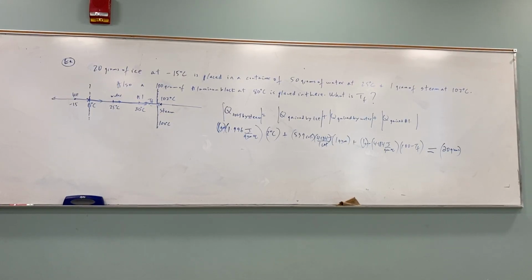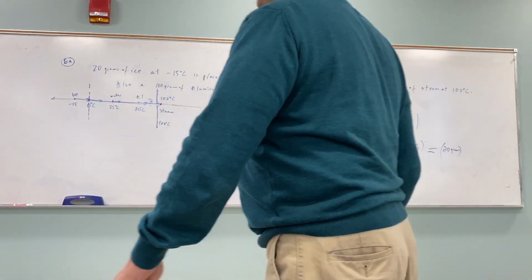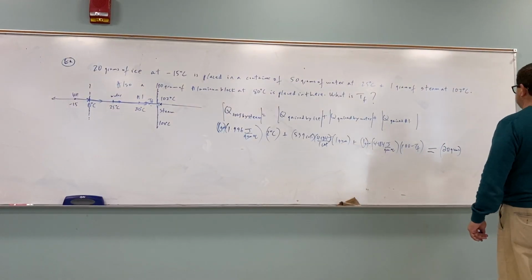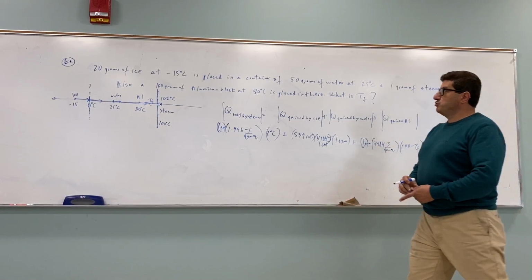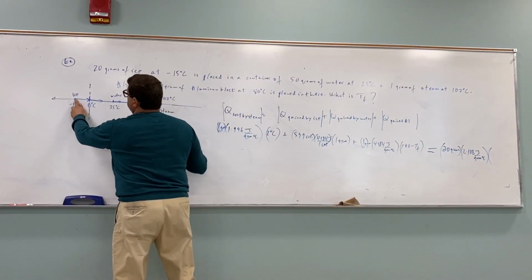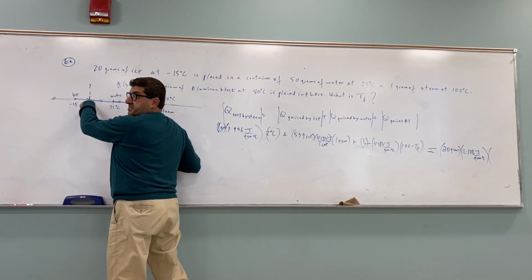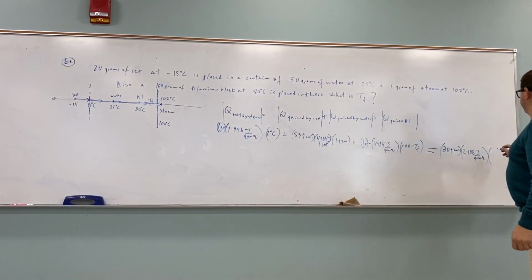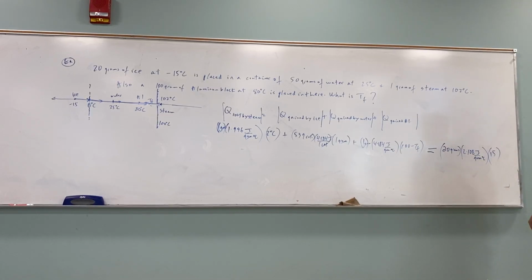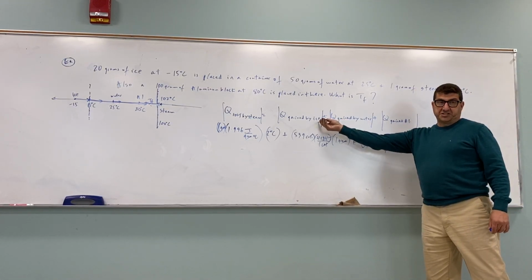Over there. 2.108 joules per gram Celsius. Then what do I have to do to that ice? Increase its temperature by 15 Celsius, right? Times 15 Celsius. So that's the heat gained by the ice when you increase its temperature.